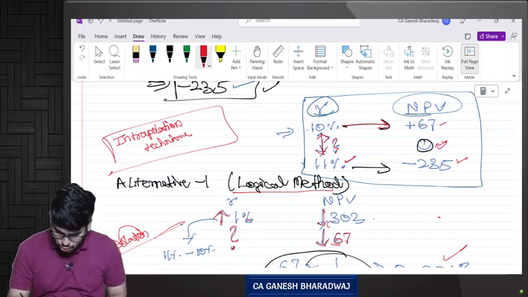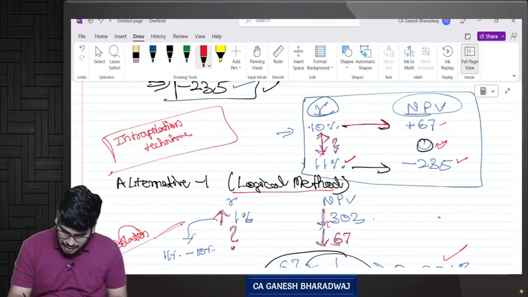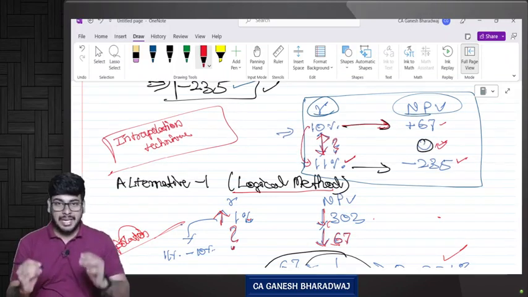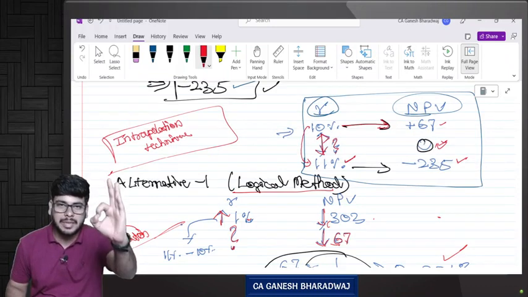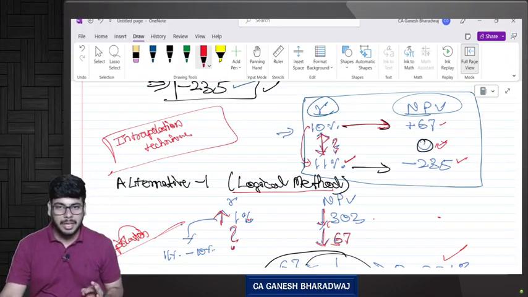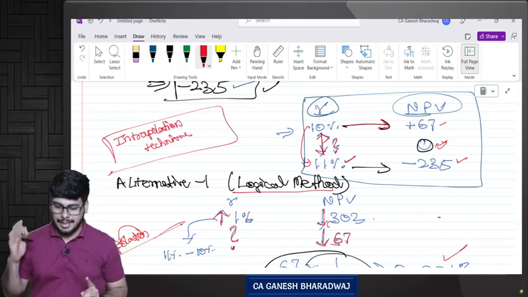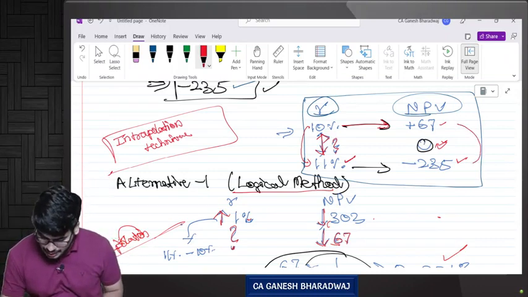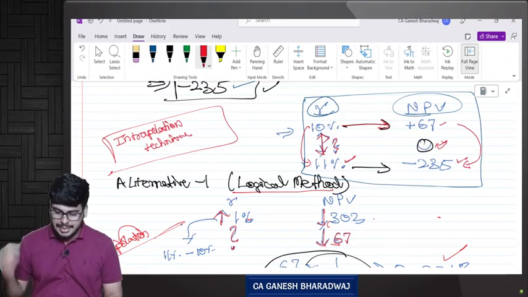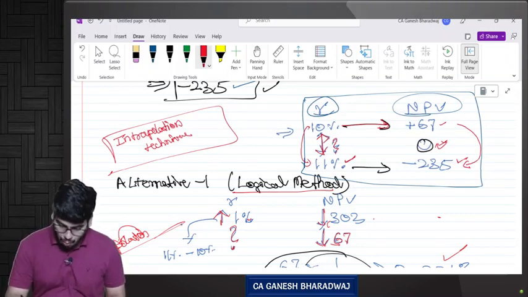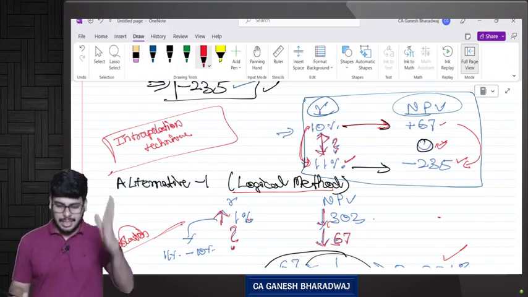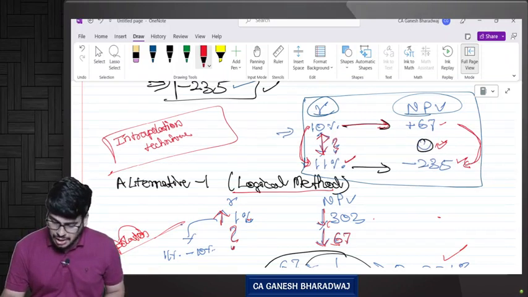First, you know that if I increase my discount rate from 10% to 11%, for a 1% increase in the discount rate, your NPV falls by how much?